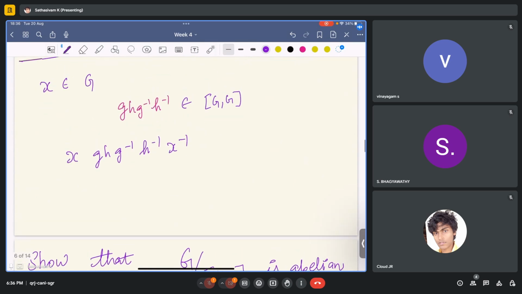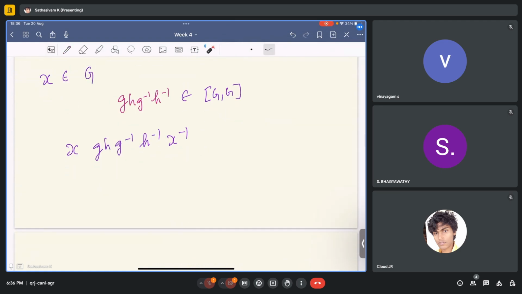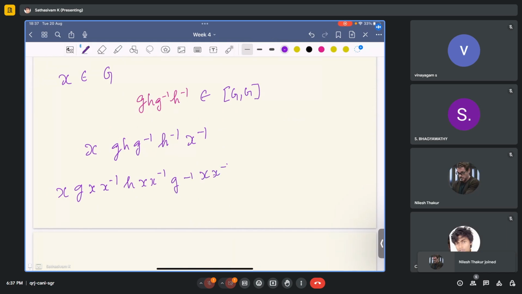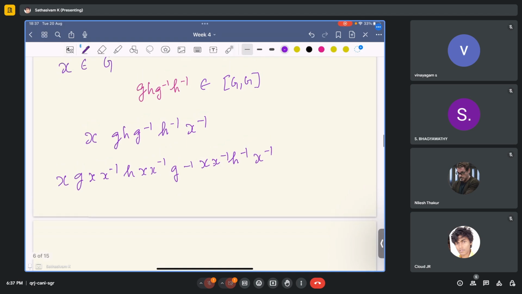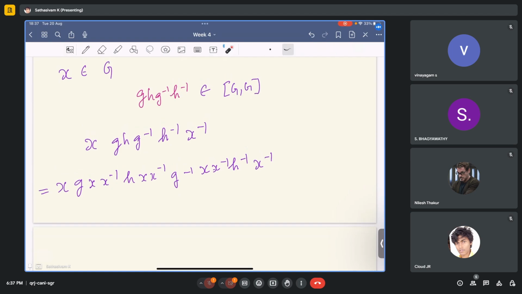Everywhere inside, you multiply x inverse x. So you get x g x inverse, x h x inverse, x g inverse x inverse, x h inverse x inverse.